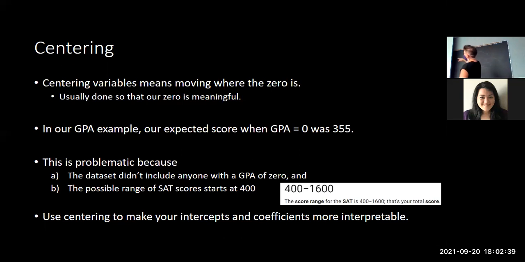But we don't have anybody in this data set with a GPA of 0, and SAT scores can't range as low as 355. So if I recenter these things, I can get something that's a little bit more interpretable.